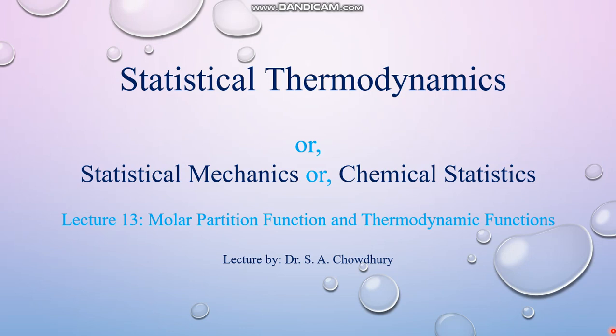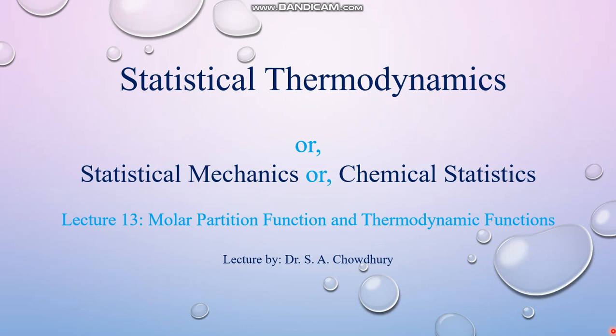Each particle has its available energy levels, isn't it? This is F. If there are two particles, then the combined value of their energy levels should be F square. If F is for one particle, then for the second particle also it is F, and it is a multiplicative property.